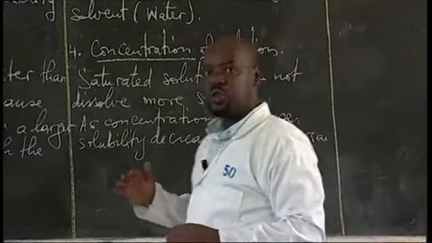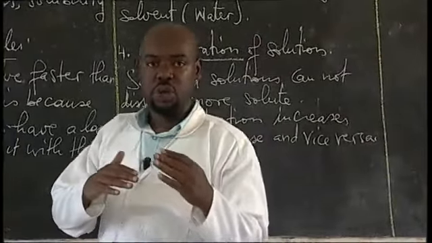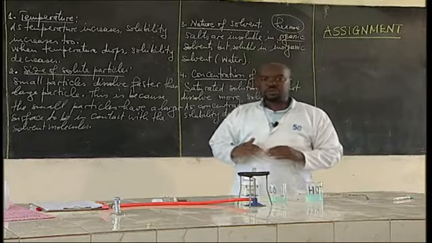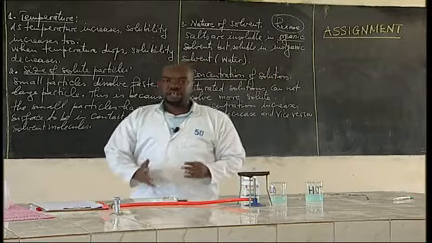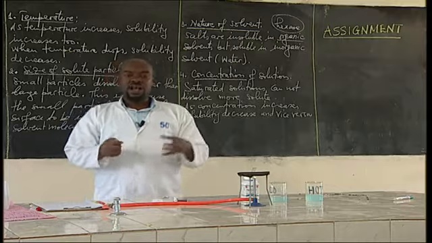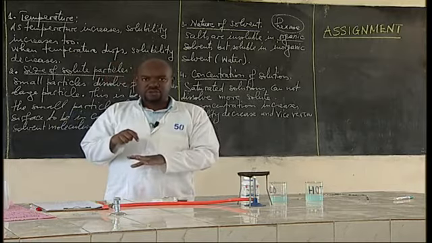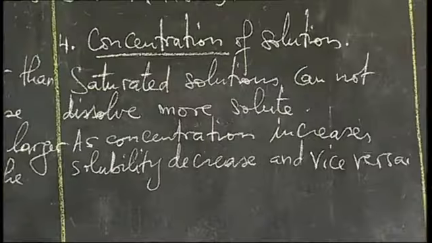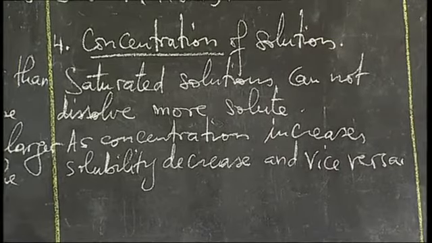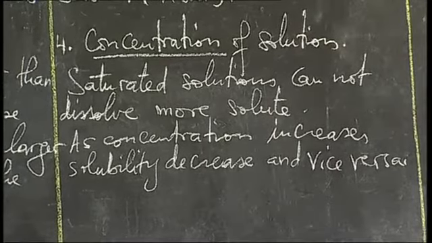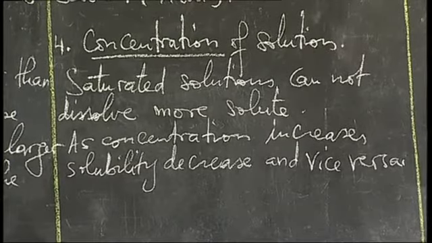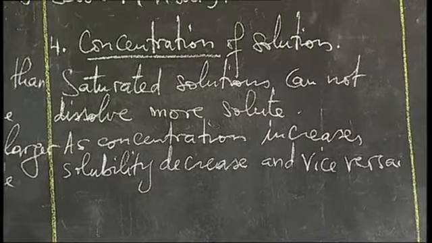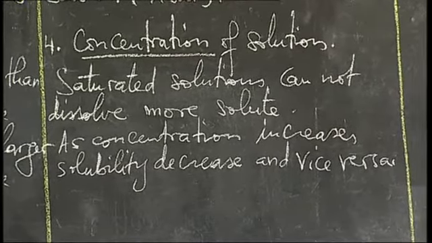So if the concentration increases, the solubility will decrease. But if the concentration decreases, then solubility increases. As the amount of solute is decreased, or if you have a small amount of solute in a given solution, then you can dissolve more solute. But if you have already dissolved more solute, it will be very hard to dissolve more and more excess solute.